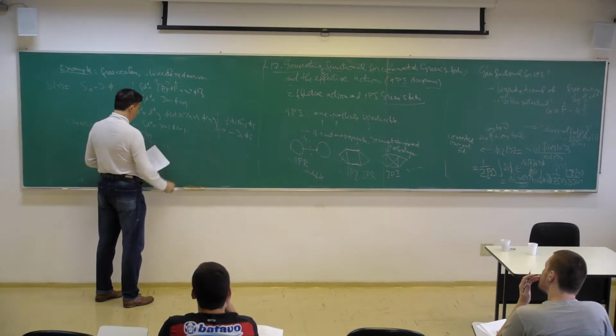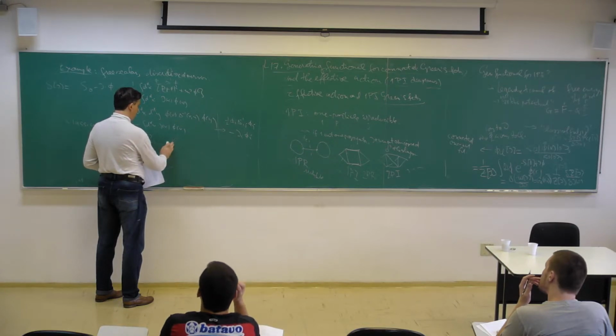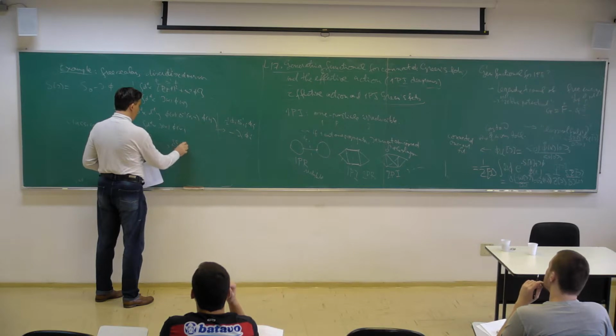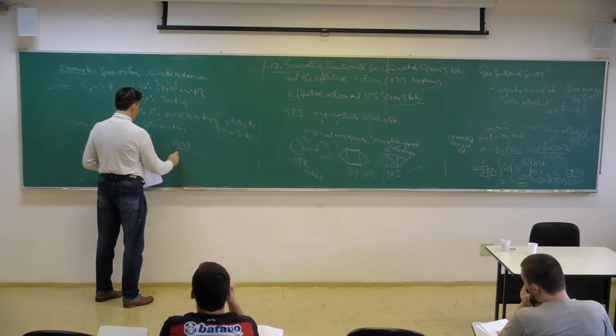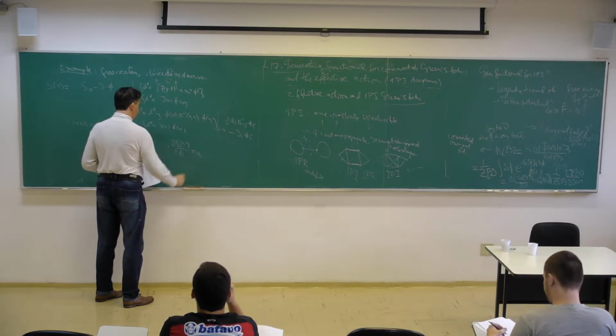And I want to think of this as a discretized version. So dS of J_i with respect to d phi_i of J is equal to 0.